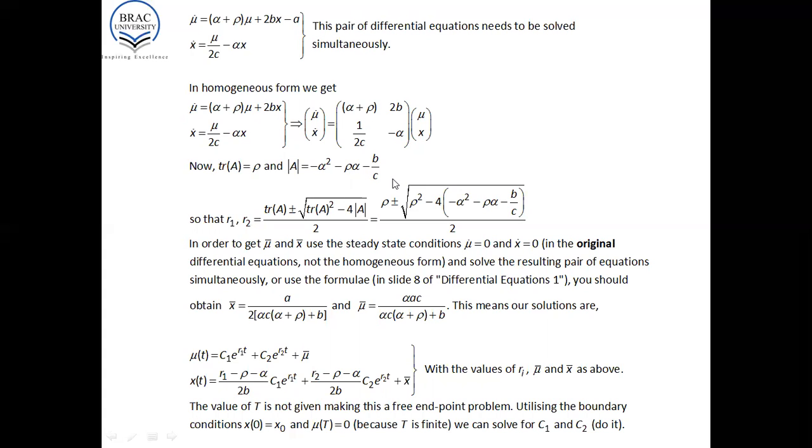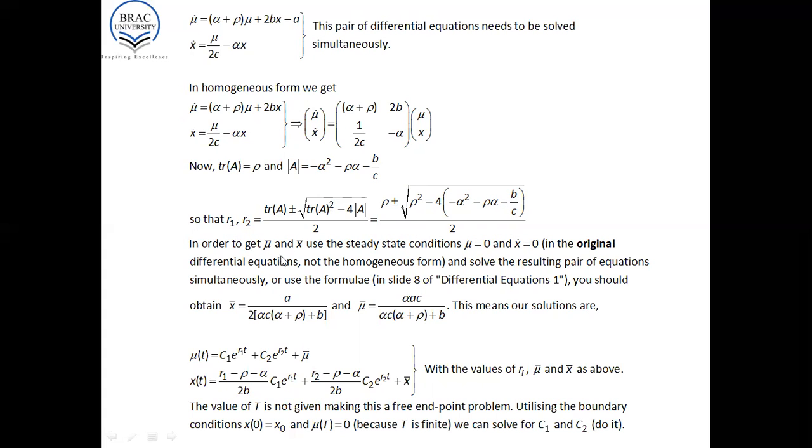Please calculate it yourself. Which gives us the roots R1 and R2 using the formula trace of A plus minus square root of trace of A squared minus 4 times the determinant, divided by 2. And that gives us rho plus minus square root of rho squared minus 4 times the determinant of A, which is minus alpha squared minus rho alpha minus b by c, divided by 2.